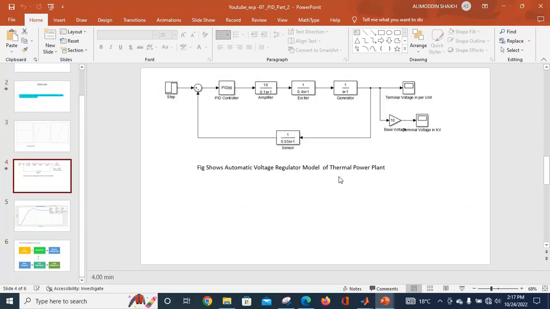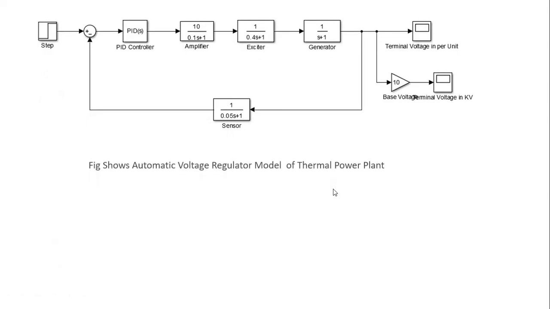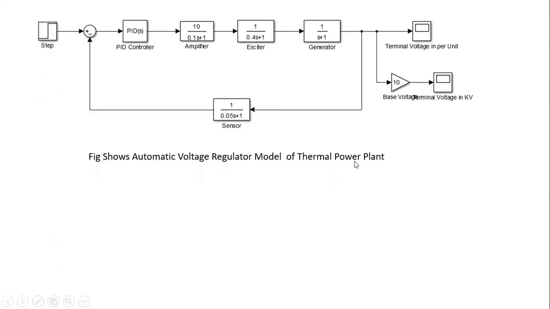For today we are going to do analysis of the automatic voltage regulator model of a thermal power plant. Thermal power plant is there, and we have to regulate its voltage automatically.